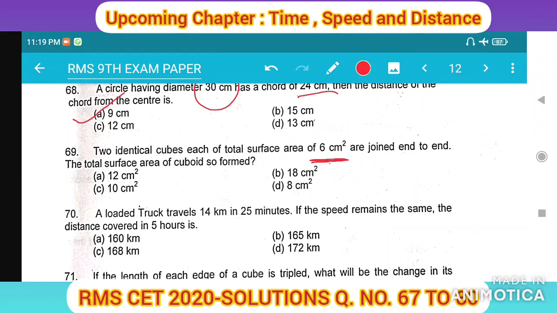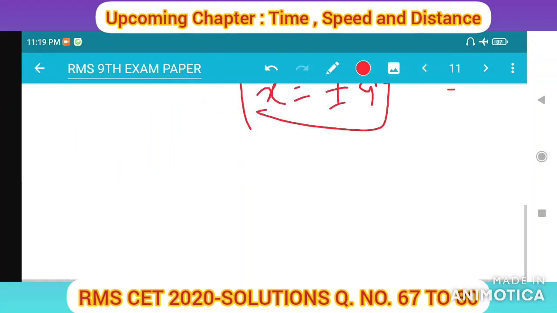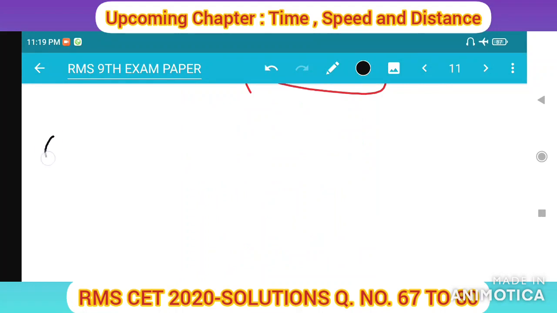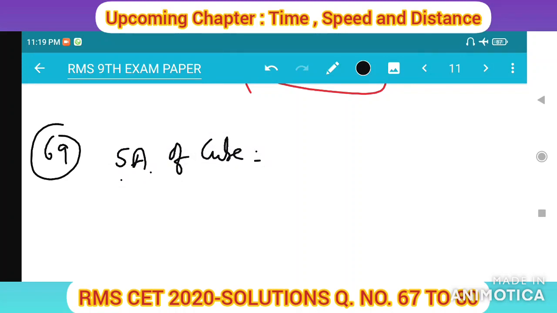Question number 69. Surface area of a cube is given to us as 6. So what is the surface area of a cube? 6a square.